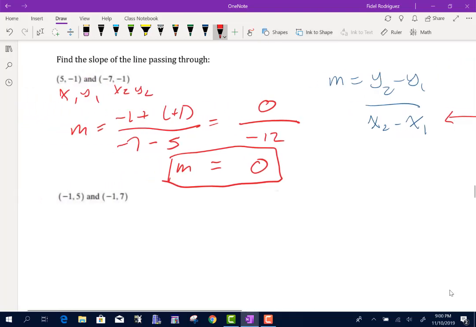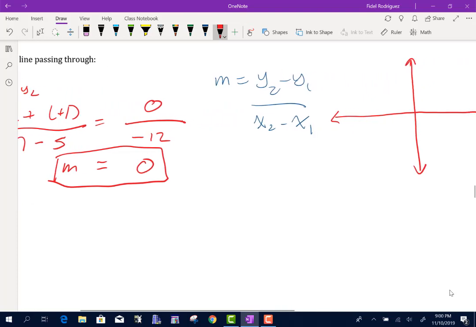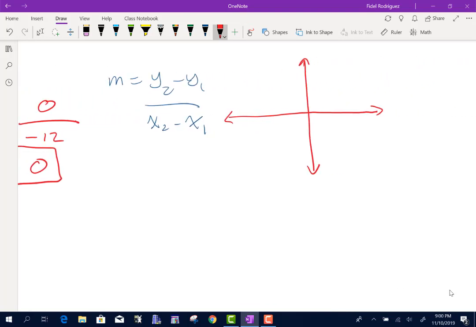Okay, so what were the 2 points we had? 5, -1, -7, -1. I'm just kind of drawing this, I know it's not perfect, but it's okay, just so we can get an idea.